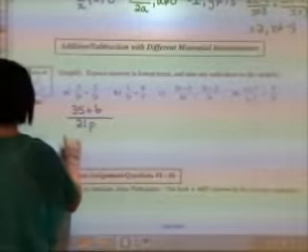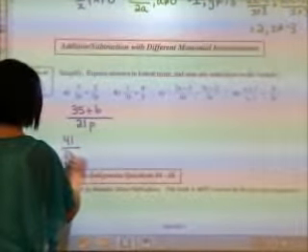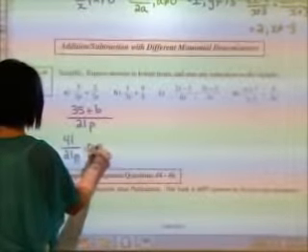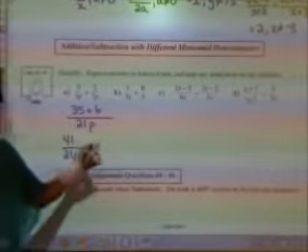So 35 plus 6? 41. So 41 over 21p. And what can't p equal? 0. Because if p equals 0, 21 times 0 would be 0. I can't divide by 0.